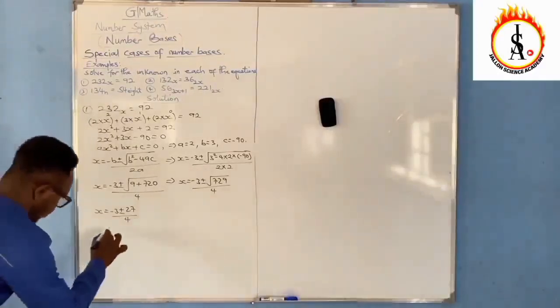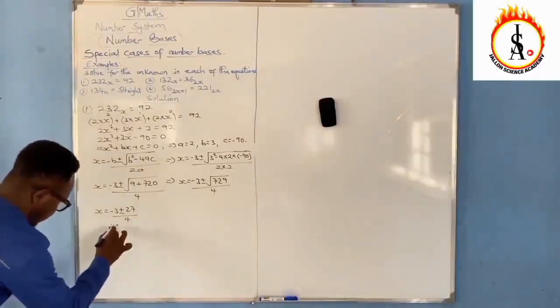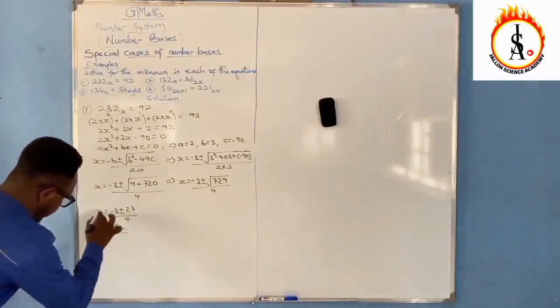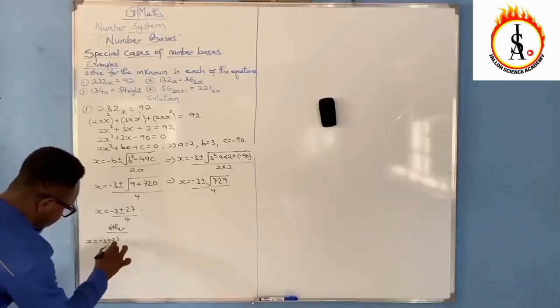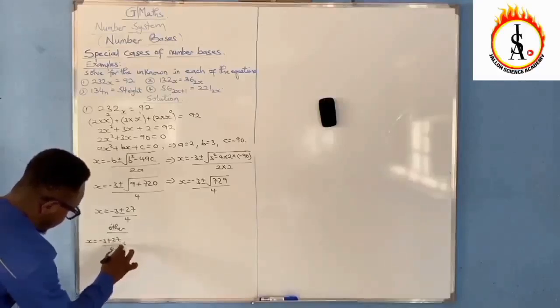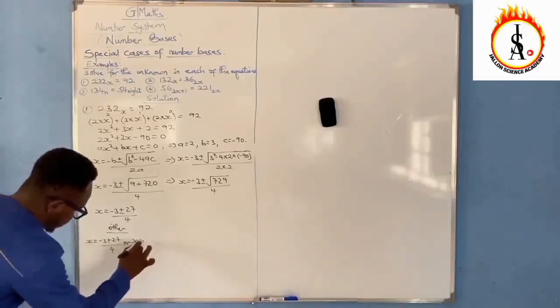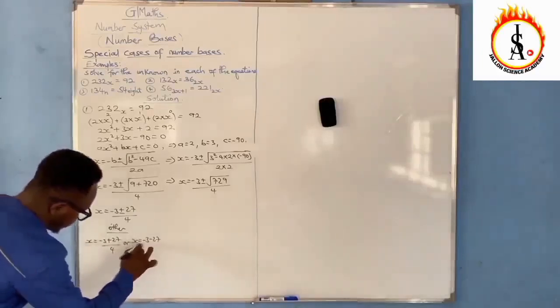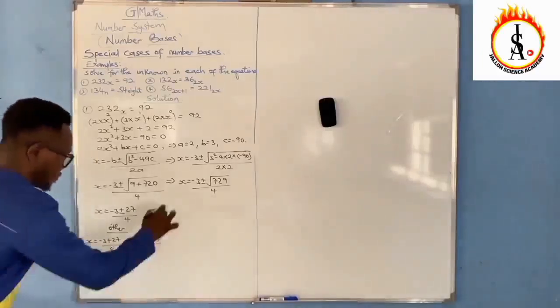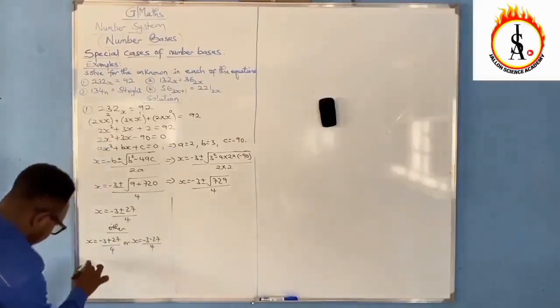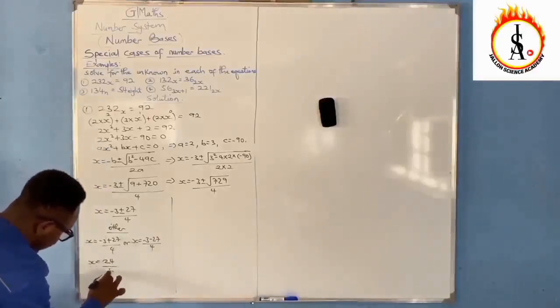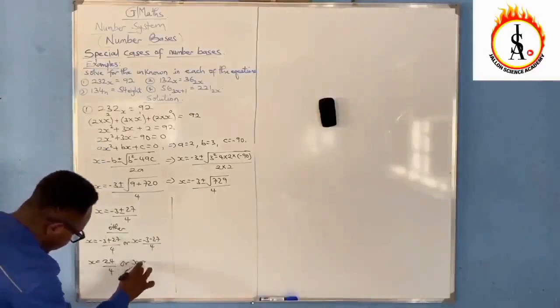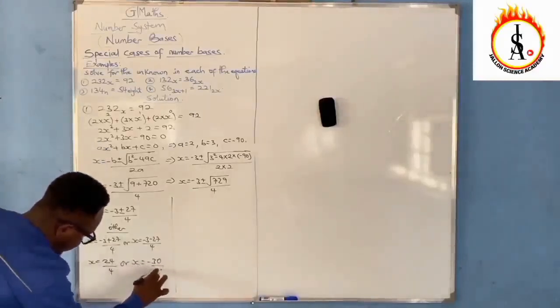So in this situation, we say either x is equal to minus 3 plus 27 upon 4, or x is equal to minus 3 minus 27 upon 4. So x will be equal to 24 upon 4, or x is equal to negative 30 upon 4.